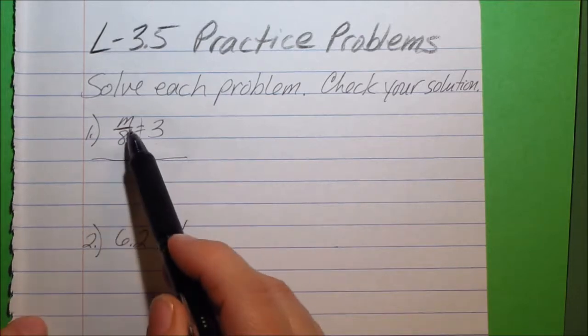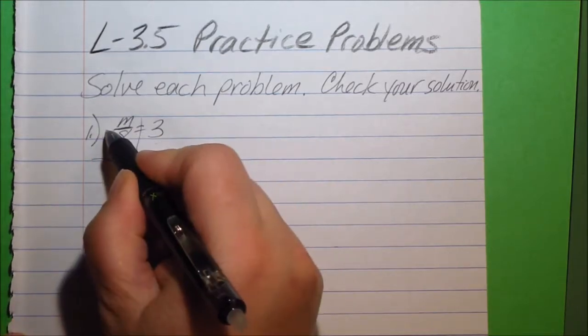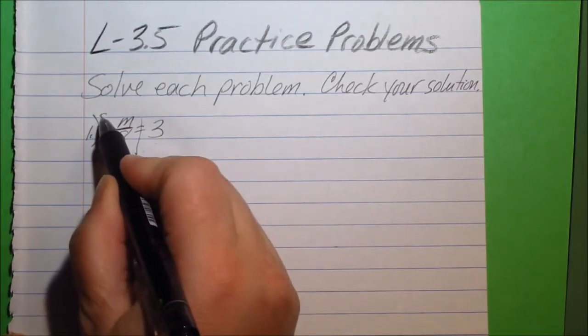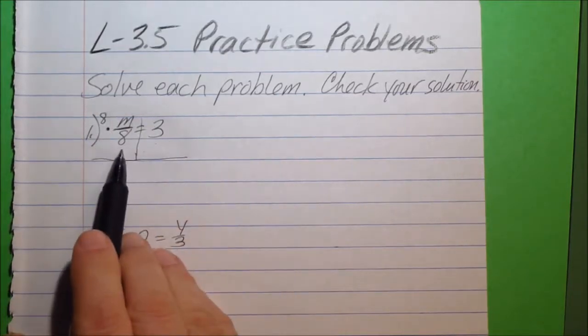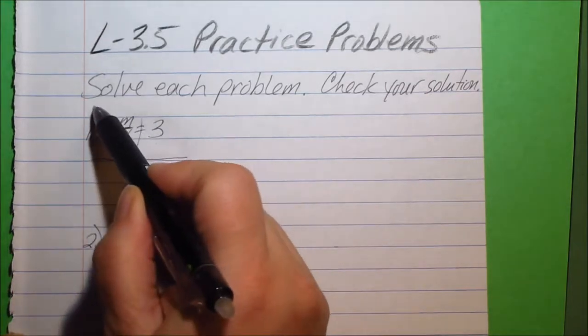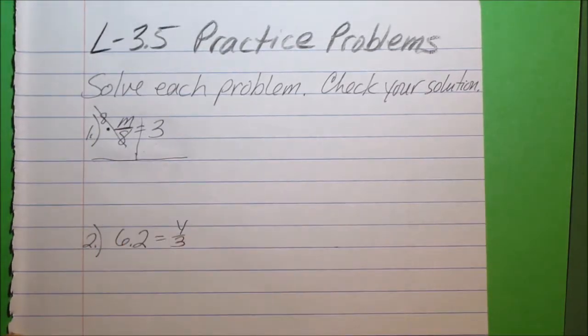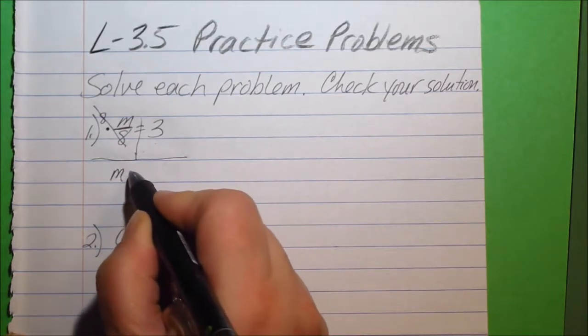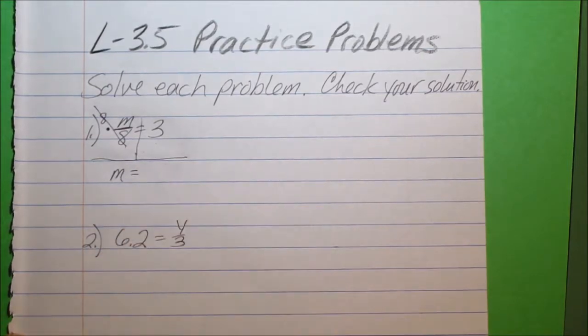The opposite of division is multiplication, so I'm going to put a little dot multiplication symbol there, and the 8 up here, the 8 from down here. And when I do that, I can then cross them out. 8 has been evicted, gone. M is all by itself, just like it wants to be.